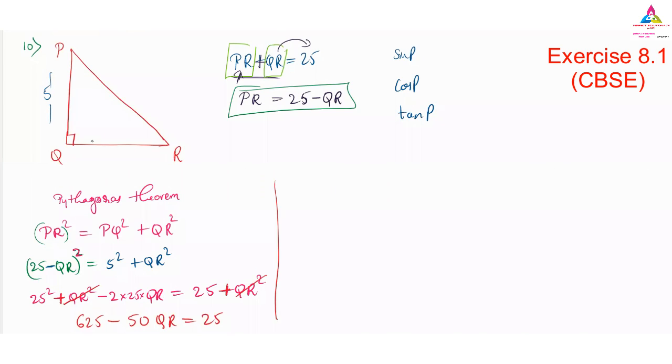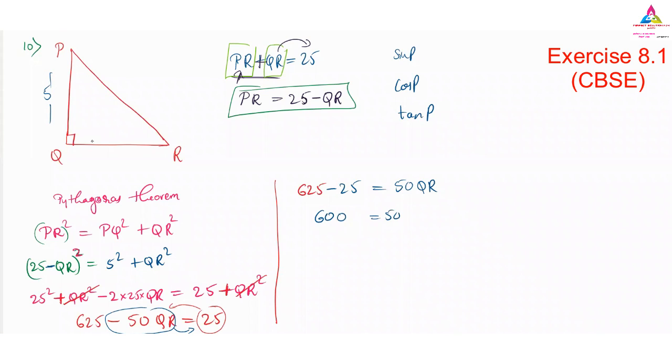So I will keep 625 on the left hand side only, but this 25 I will bring to the left hand side because I want to make like terms on one side. So it will become minus 25, and this minus 50 QR I will shift to the right hand side, so it will become positive 50 QR. So 625 minus 25 is 600.